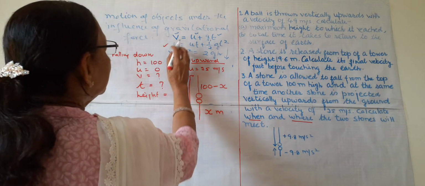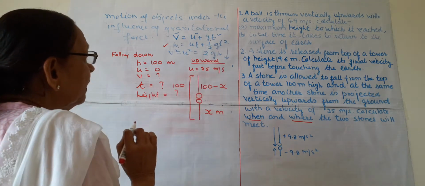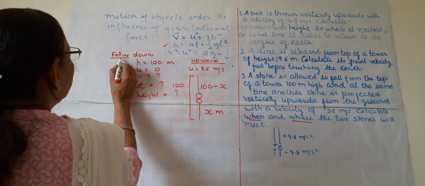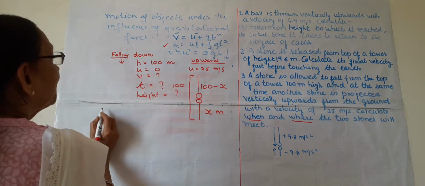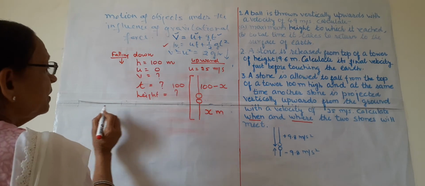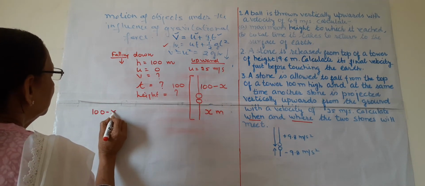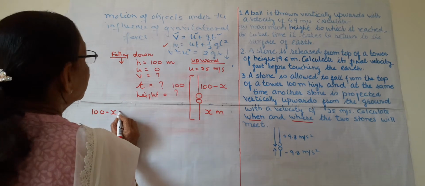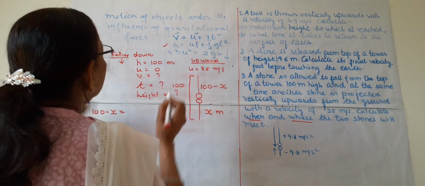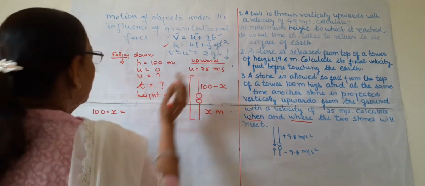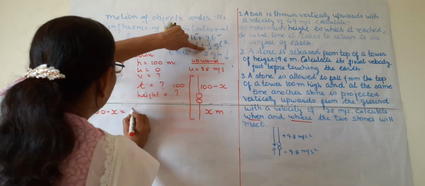So I write this equation here: h is equal to ut plus half g t square. In the first case, for the falling stone, instead of h we will write 100 minus x. This is the height when it is falling. Here u is 0, so this expression becomes 0 plus half g t square.